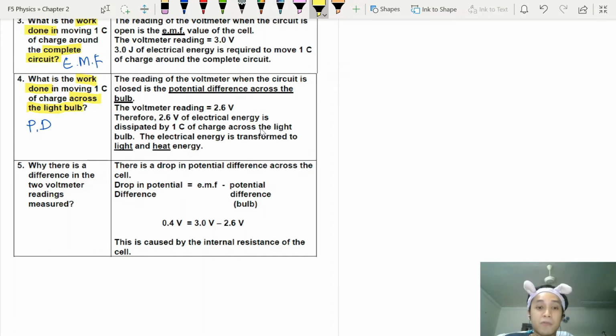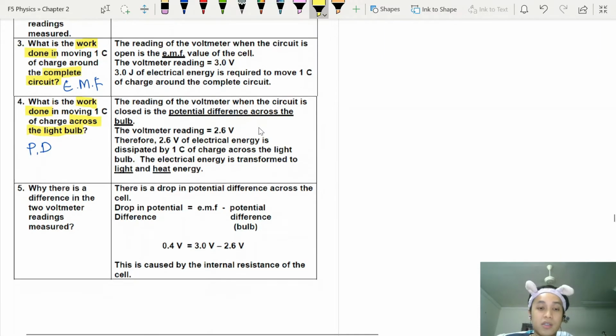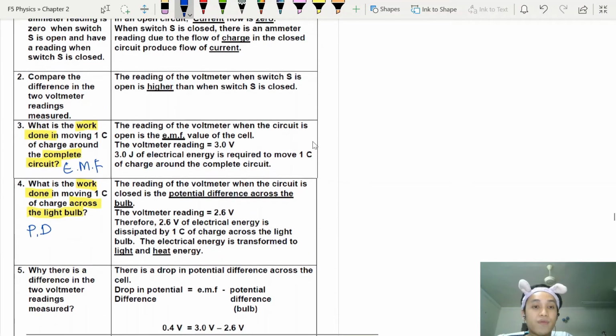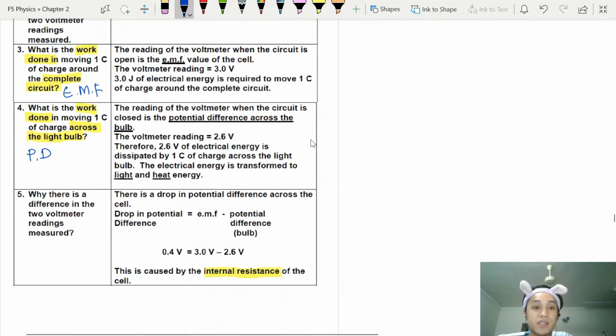Now the reason why your reading drops is because of the internal resistance. So remember that the reason why your voltage will be lower is because of the internal resistance.